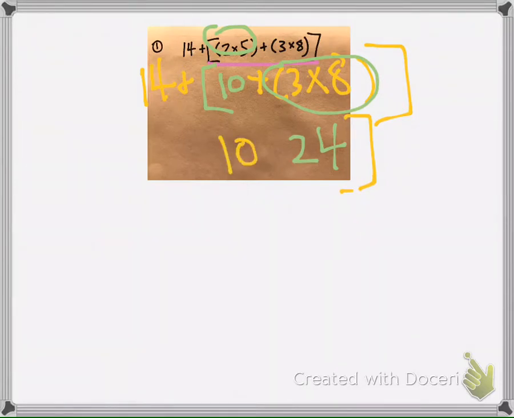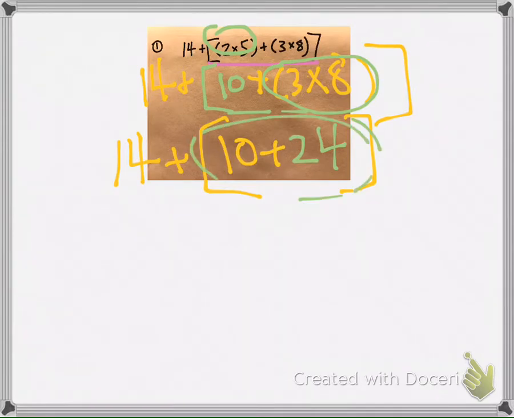So 10 plus 24, close up my bracket, and then outside is still 14 plus. Now, I took care of all my parentheses, and I still have my big brackets left. So I'm going to treat that bracket exactly like a parenthesis. So changing back to my green, I'm going to solve whatever's there.